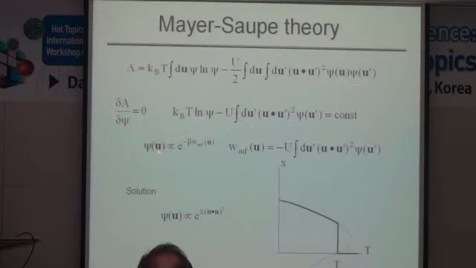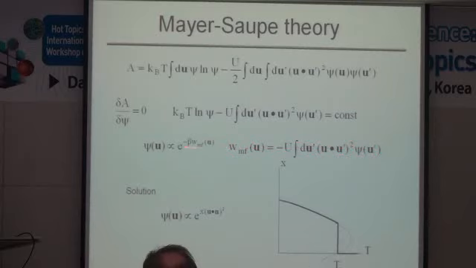At equilibrium, psi(u) satisfies this nonlinear equation for psi, and it can be written in this form, where the orientational distribution is essentially given by the Boltzmann distribution in the mean field, and W_MF stands for the mean field, the field created by the surrounding molecules on the rod we are focusing on.